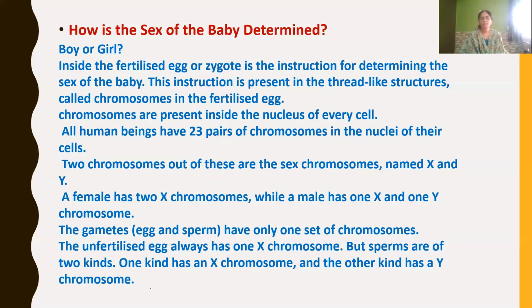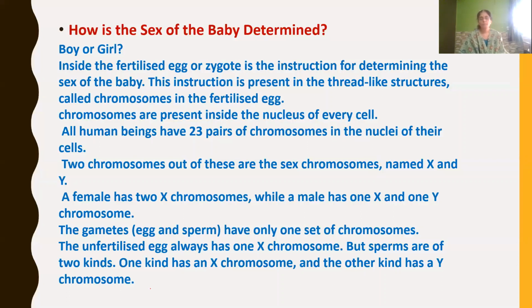Now, the gametes, that is the egg and sperm. The male gamete is the sperm, and the female gamete is the egg. They have only 1 set of chromosomes. The unfertilized egg in a female always has only an X chromosome, because in a female only X chromosome is present.